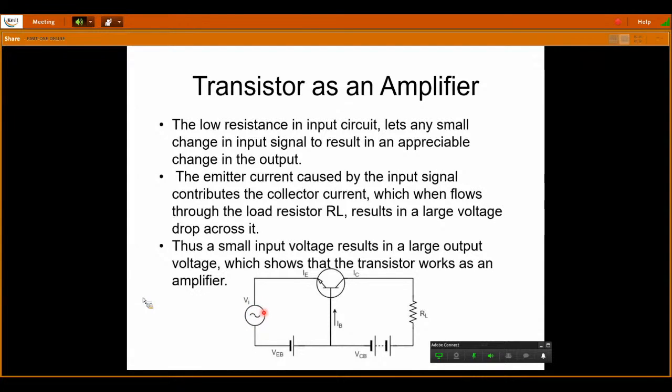So the small input voltage results in a large output voltage due to the DC voltages VEB and VCB. This makes the amplification. The greatest amount of amplification is caused by the applied DC voltages VEB and VCB.